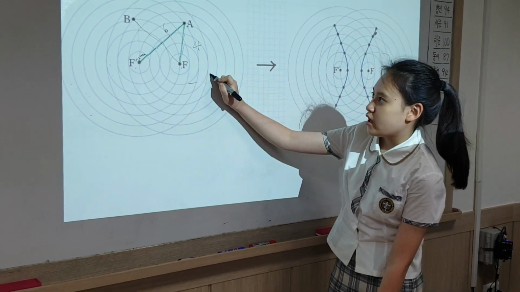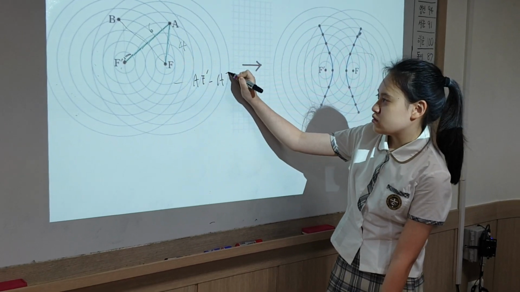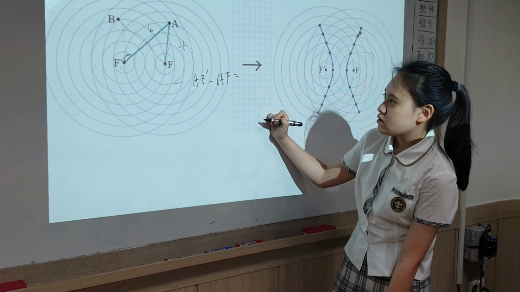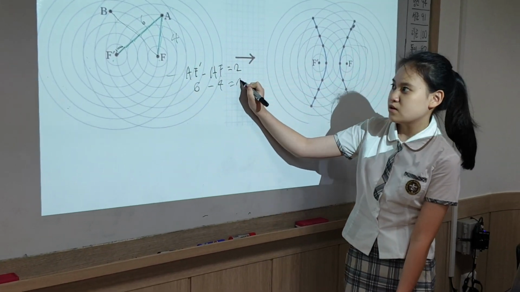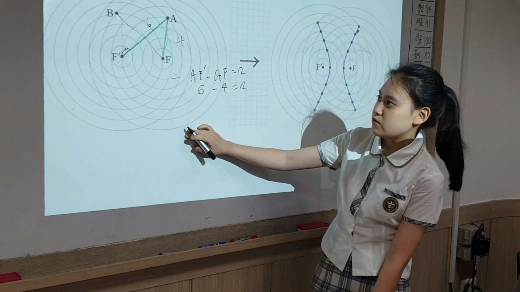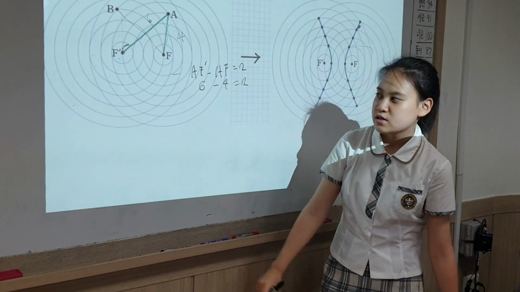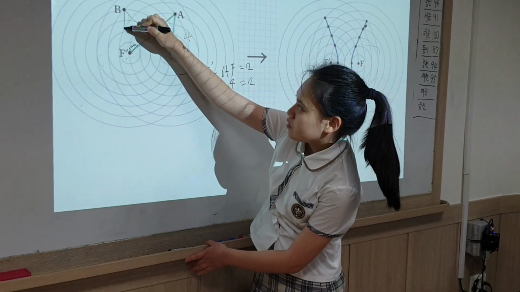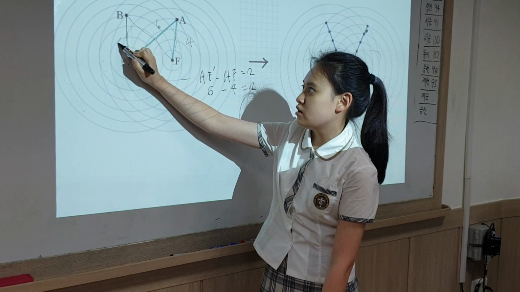So AF prime minus AF will be 6 minus 4, which is 2. In the same way, we'll find the distances of F prime and B and F. Let's start with B and F prime, which will be 1, 2, 3, 4.